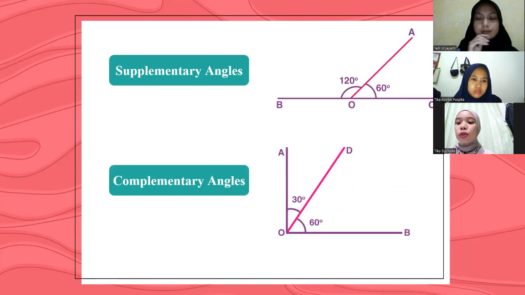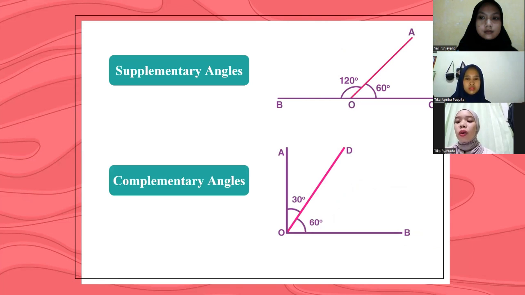Okay, we come to supplementary angles. Take a look at the figures. Two angles which sum up to 180 degrees are called supplementary angles. So one side is 120 degrees and the other side is 60 degrees.